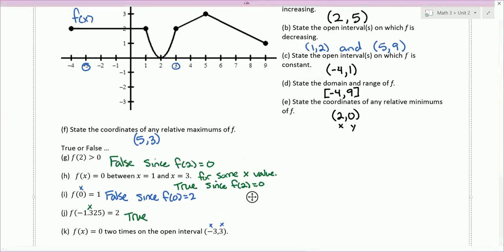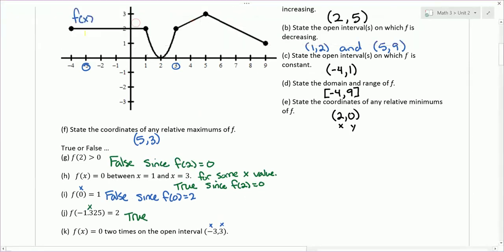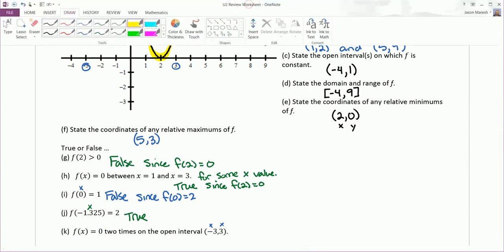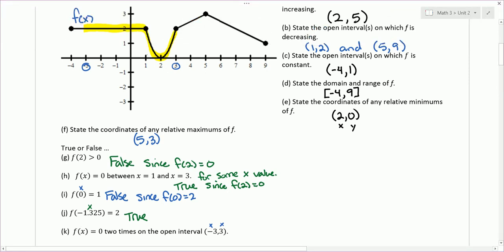If we're looking at our function from negative 3 to 3, I'll highlight that part. It's saying that the function equals 0, so the height of that function is at 0.